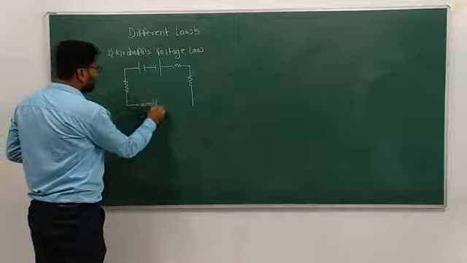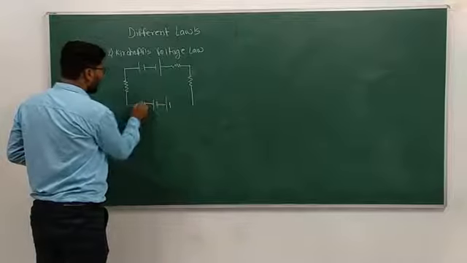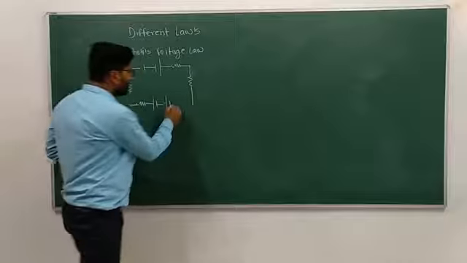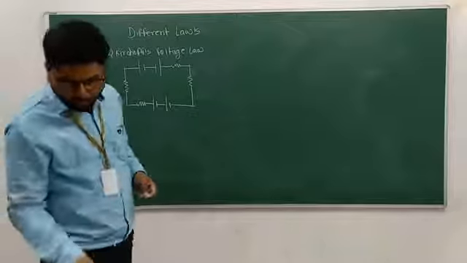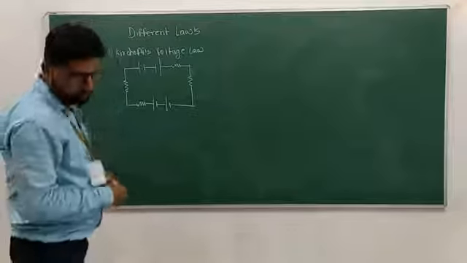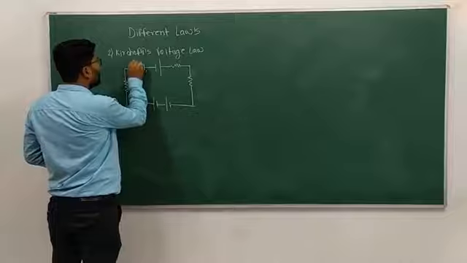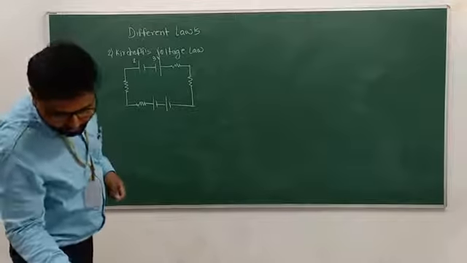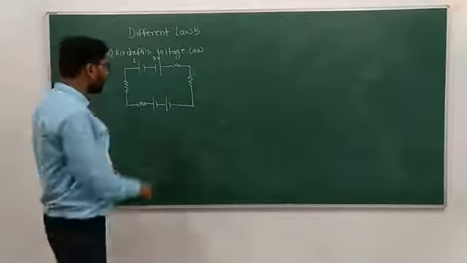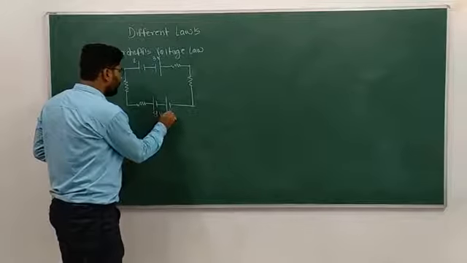Next is supply. So we have to denote how many supply values are there. So 2 volt, 3 volt, 4 volt are available. 2 volt, 3 volt. Next is 9 volt, 8 volt, 9 volt, 8 volt.